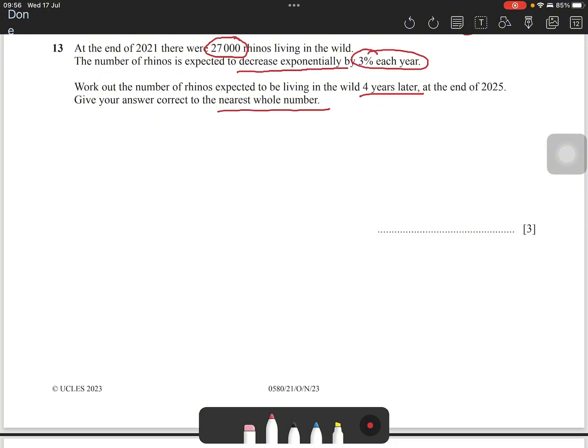You know that in exponential growth or decay, we have the formula that the new value is equal to the original value multiplied by. If it is exponential growth, we add r%. If it is exponential decay, we subtract r%, to the power of t. t is the time.